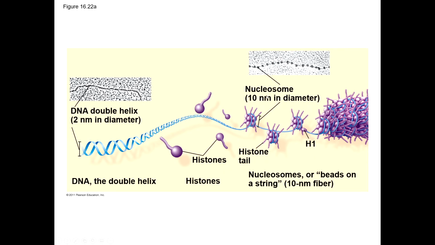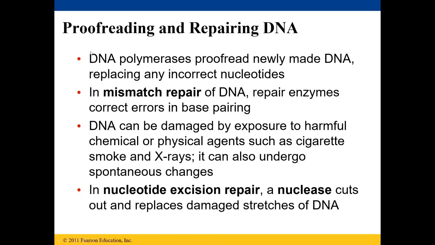Collectively, that is known as a nucleosome. Then these nucleosomes, or beads on the string, start condensing into these chromosomes that we actually see under the microscope when we're looking at cells that are in the process of dividing, which most of you have seen, those of you who went to that lab.